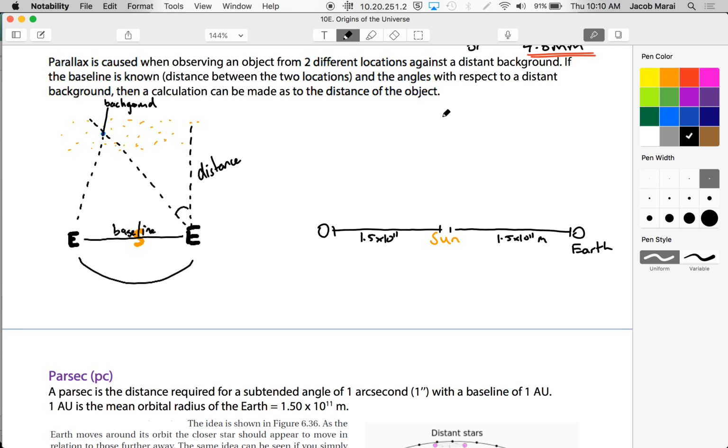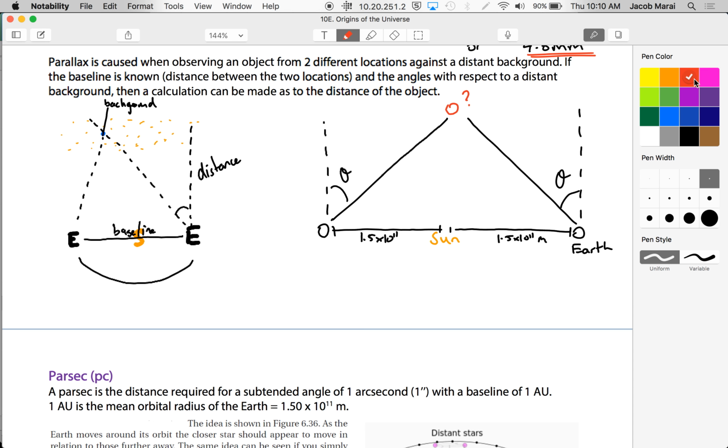So again, if we have our unknown object up here, and we measure our angle with reference to our background stars, then we can figure out our distance d.